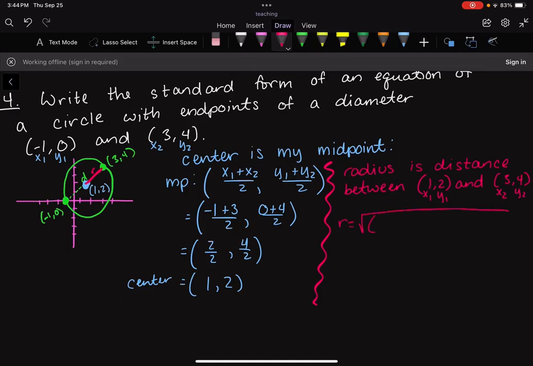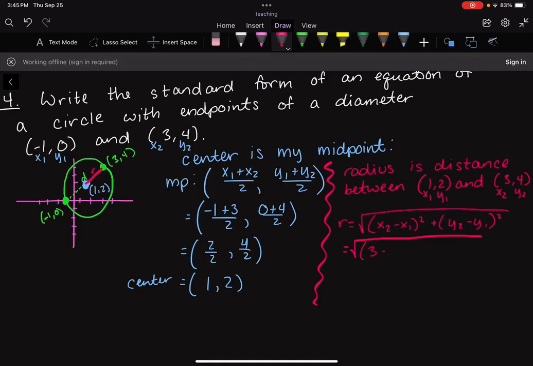I think maybe writing it out is helpful to see. I just don't want you to get confused on why I use different x1, y1 in the midpoint and different x1, y1 in the distance formula. It's just because of what I'm finding with respect to. So with the midpoint, I wanted the middle between -1, 0 and 3, 4. But now for my radius, I need the distance between 1, 2 and 3, 4. So that's the idea. So just be careful.